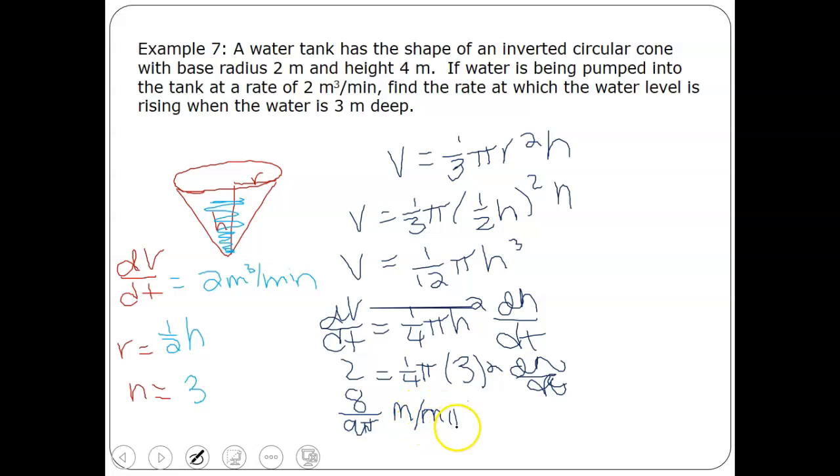Now, where'd you get the 1/2 from? Or the 1/12? 1/3 times 1/4. Because it's a half times a half, because it's 1/2 squared. 1/2 squared would be 1/4, because it's 1 squared over 2 squared. What if I wrote that answer at the bottom as 8/9 pi? Wrong.